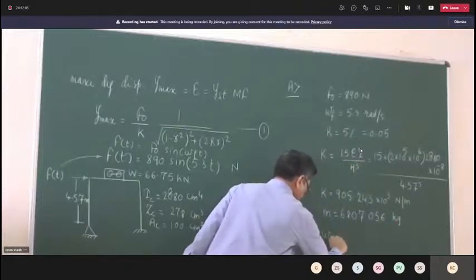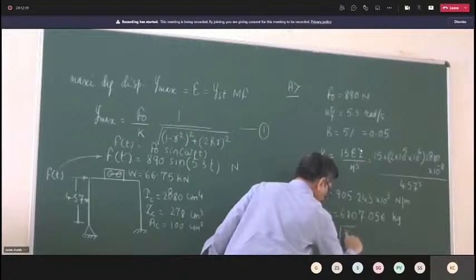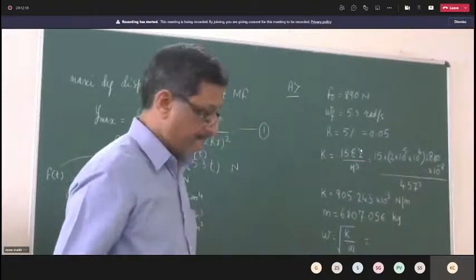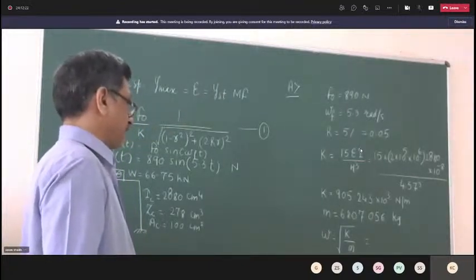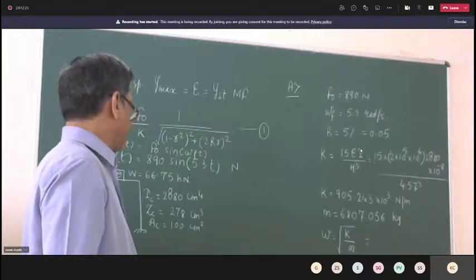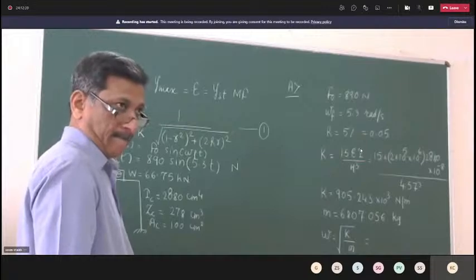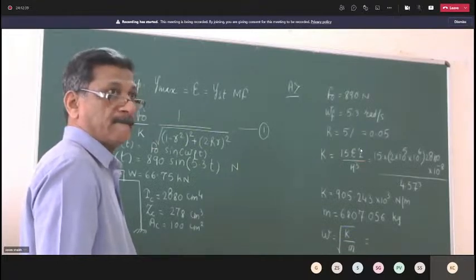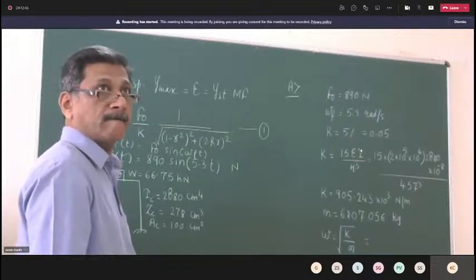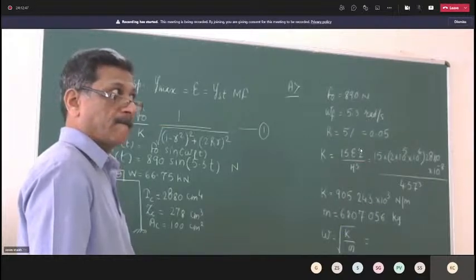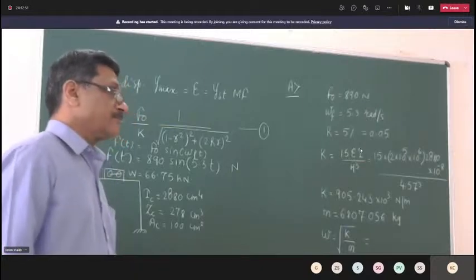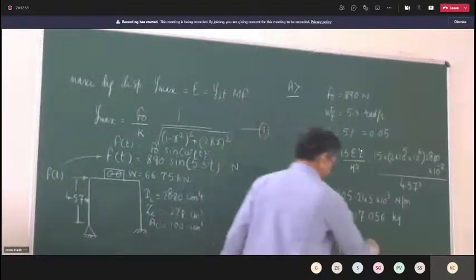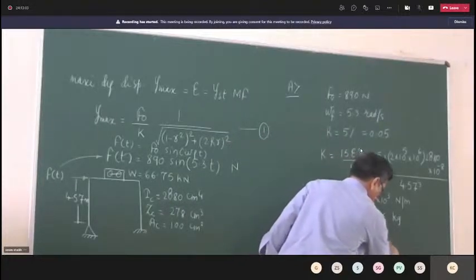Now you can find omega, the natural frequency of vibration of this structure, square root of K upon M. It is 11.532 radian per second.